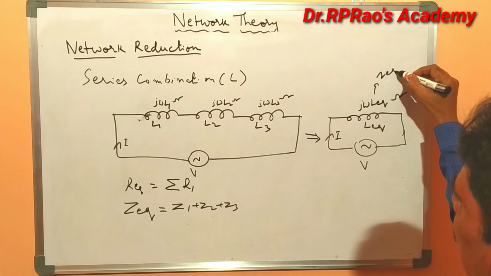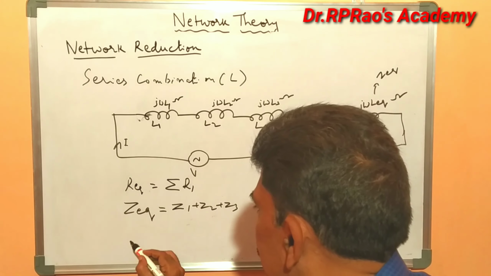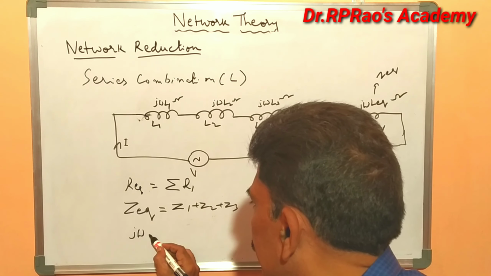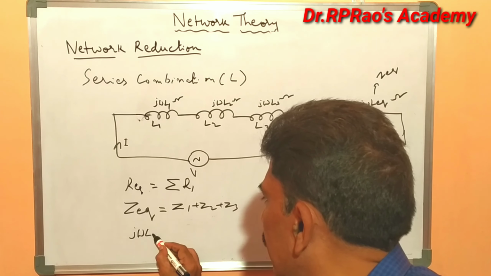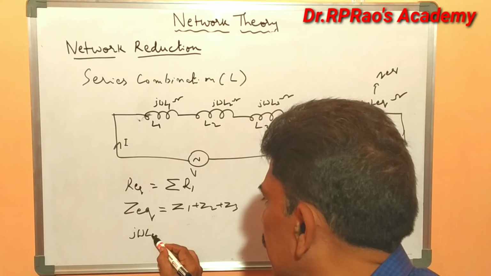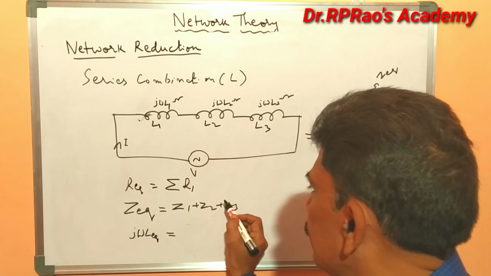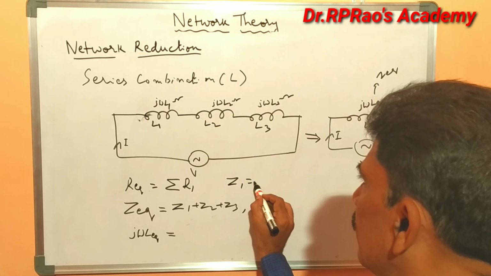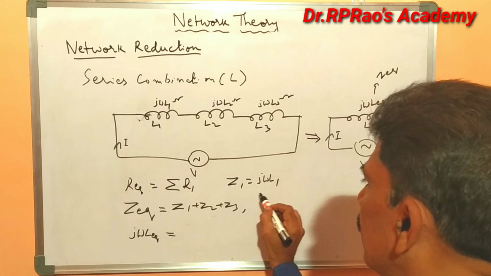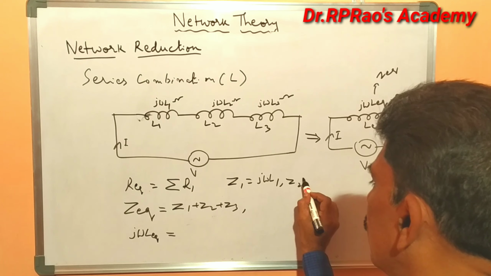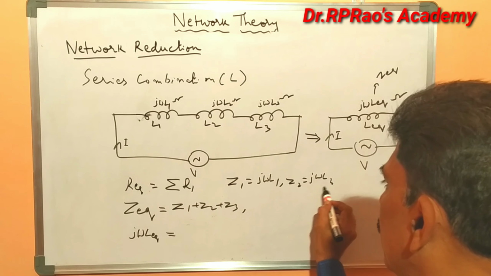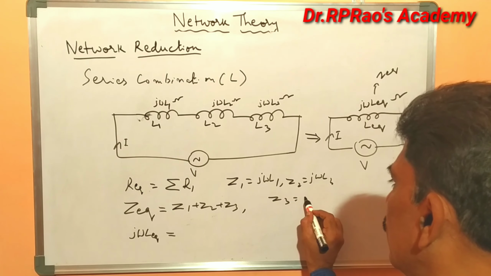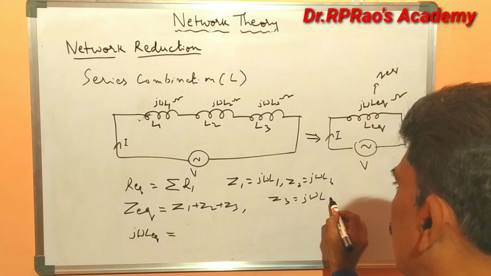So Z equivalent is J omega L equivalent, which is equal to, what is Z1? Z1 is equal to J omega L1, Z2 is equal to J omega L2 and Z3 is equal to J omega L3.